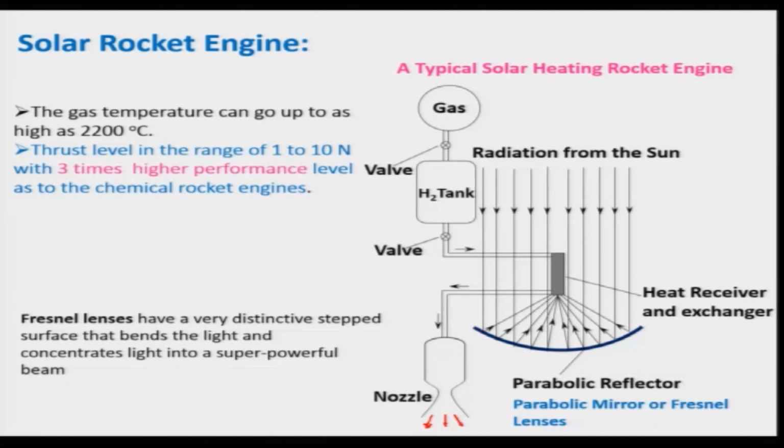So, the gas temperature in this solar heating rocket engine can go up to as high as 2200 degrees Celsius.